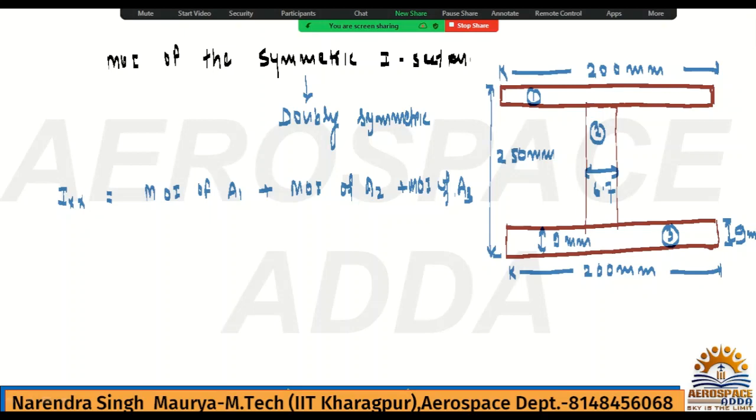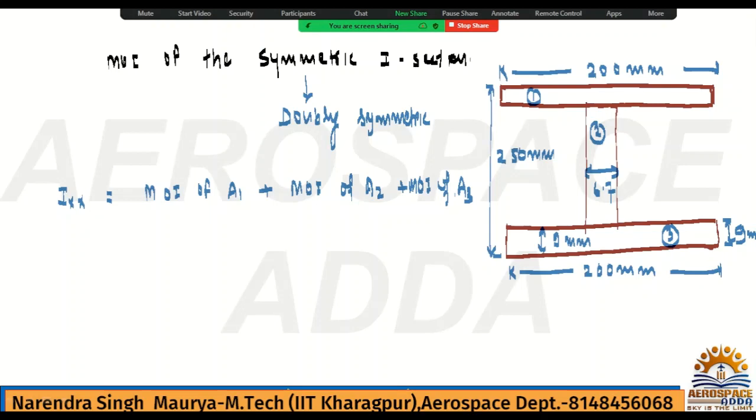Now if you are going to calculate the moment of inertia for this, you have to take a reference. That reference you can take from the bottom, or you can take the centroid point, because it's symmetric about both the x-axis and y-axis. If the section is symmetric about both x and y axes, then the centroid will coincide with the centroid of the rectangle, and which rectangle?